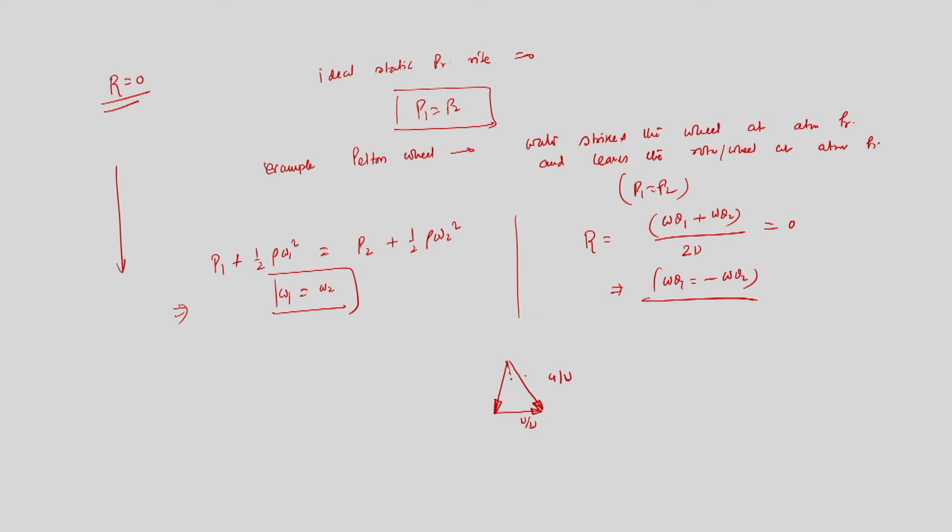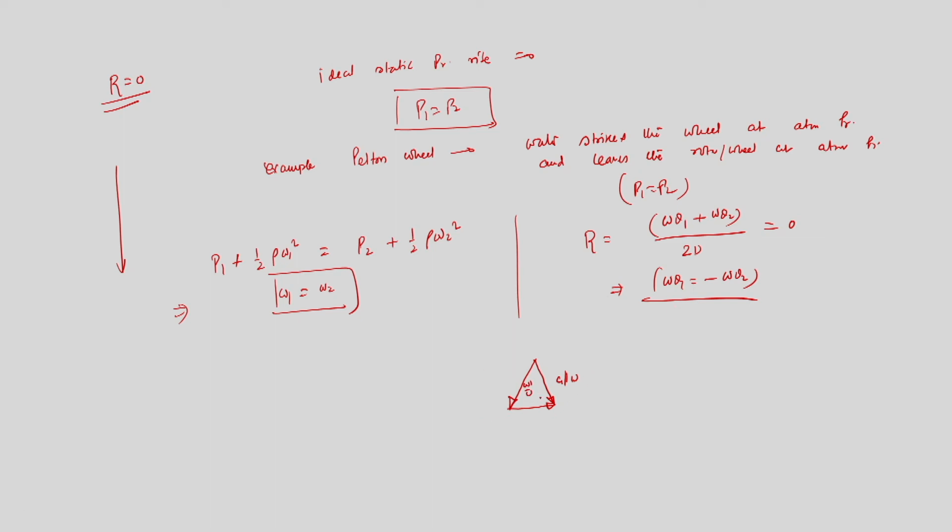Now, I have to rewrite it. So, say this is W1, this is C1. So, C1 by u, this is u by u, this is W1 by u.